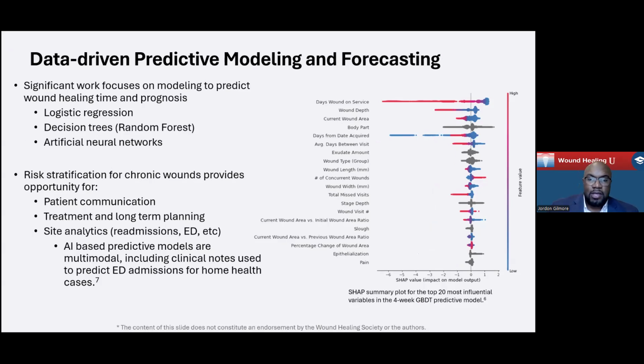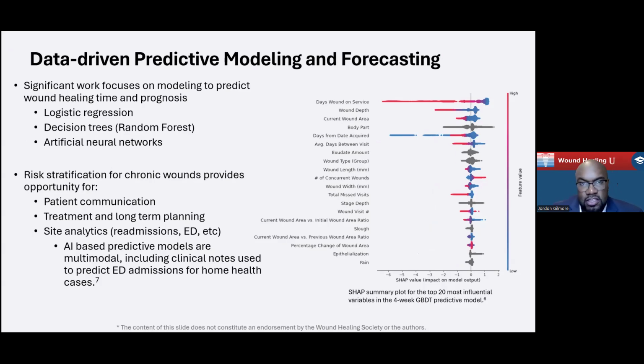So we can put things on top of our models to give us insight about how the models make decisions. In this example, from a paper, the authors were trying to determine a predictive model for whether a patient's wound would heal after 4 weeks or not.